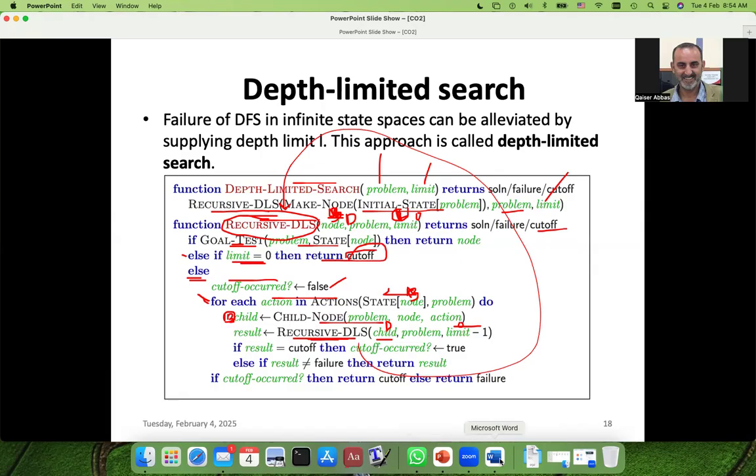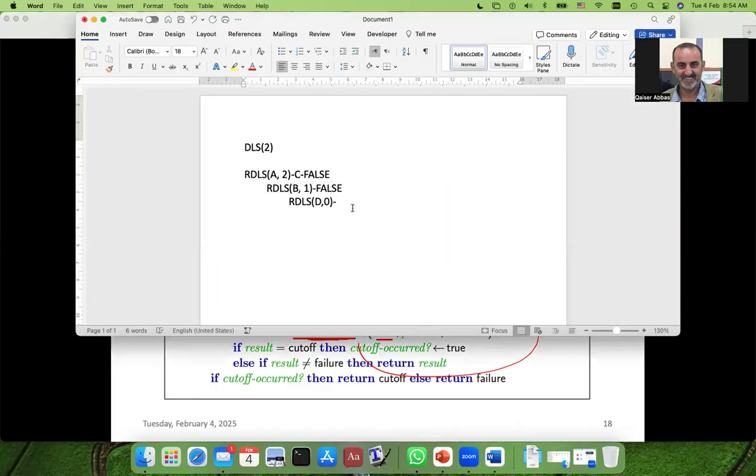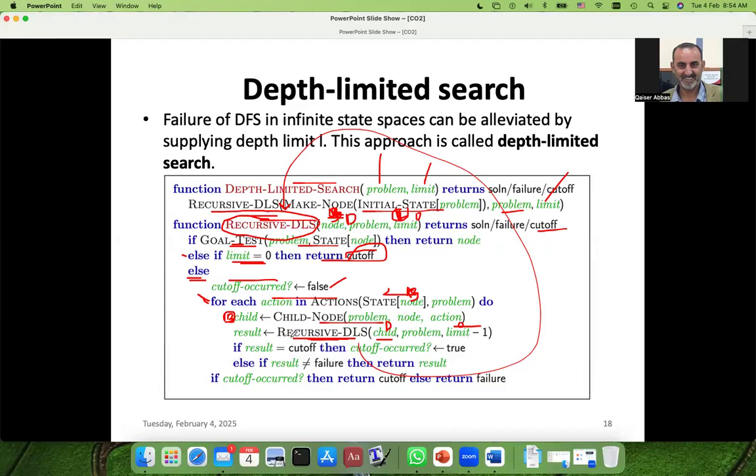So this call RDLS D0 is returning cutoff. When it is returning, it means this execution is now complete.